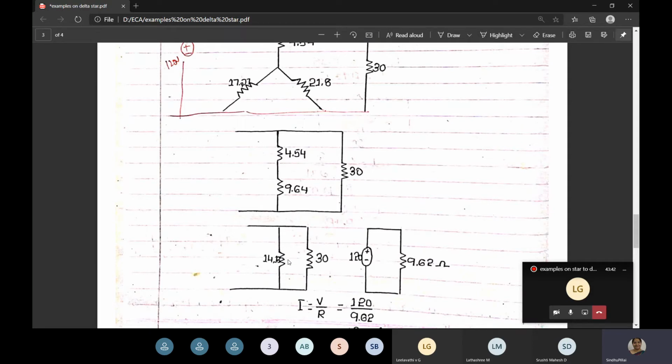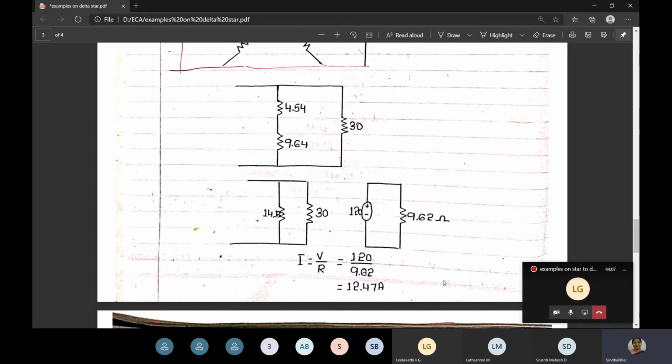When two resistors are in parallel, the value of the resistance should decrease. Here it is 14 and it is 30. Whenever in parallel, the value of the resistance will decrease. It becomes 9.62. That you have to remember. So it got reduced to a single equivalent resistance, 9.62, and we have 120 volts.